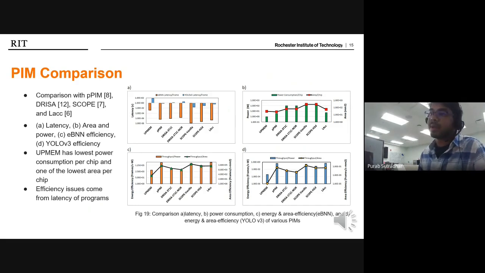In terms of area efficiency, we can say that achieving area density is not the purpose of the UPMEM DPUs. That is because it is distributed across many DRAM chips that are connected in server configurations.